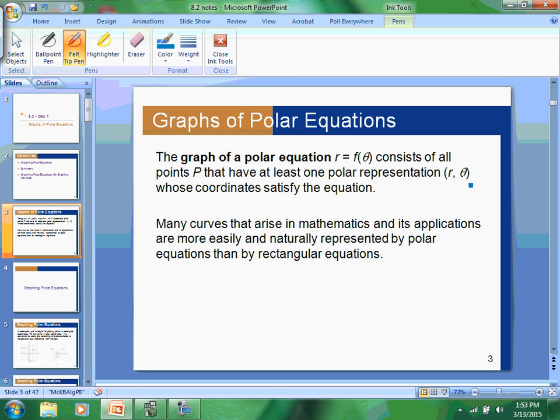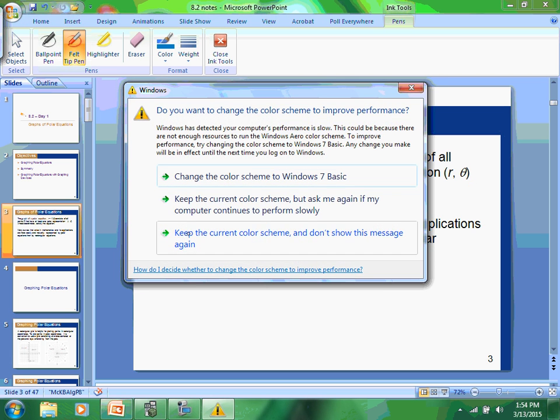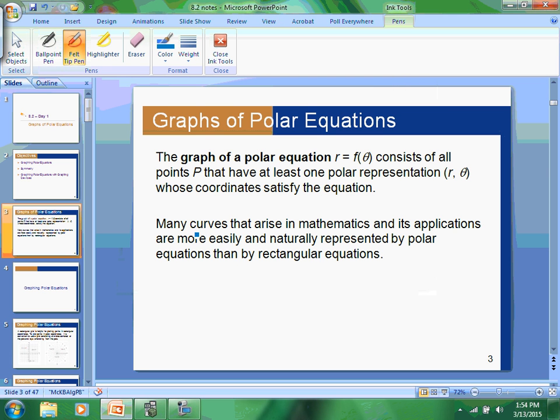There are a lot of shapes we'll see today that are similar to what we've seen in algebra. We'll be graphing circles and lines because they can be easily represented in polar and rectangular graphing, but there are all kinds of other, more advanced, funky looking curves that you can best get on a polar coordinate system.